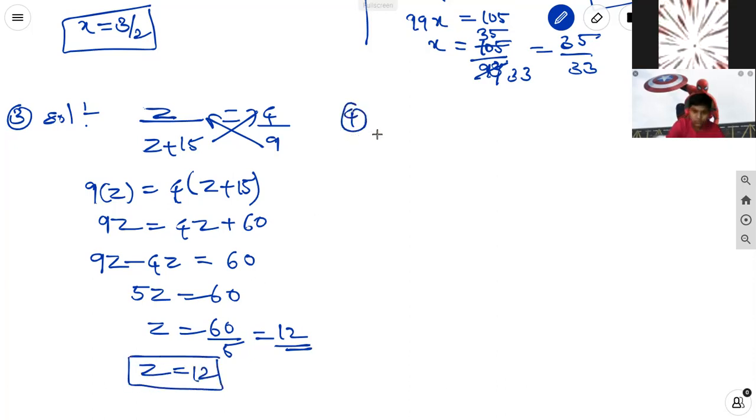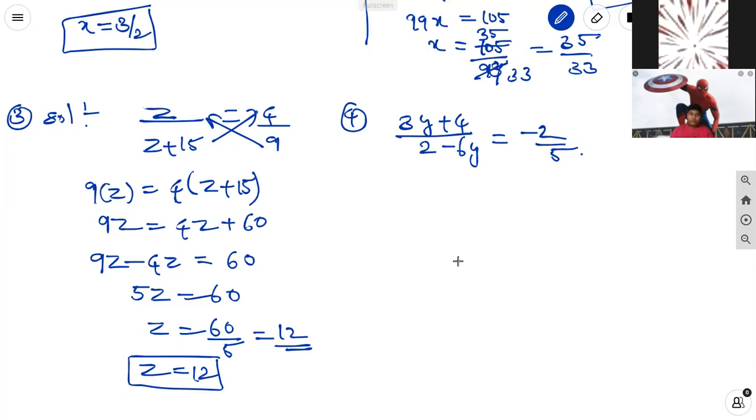Fourth one: (3y + 4)/(2 - 6y) = -2/5. The same thing, by the cross multiplication only. 5 into (3y + 4) equals -2 into (2 - 6y). 5 threes are 15y plus 5 fours are 20 equals -2 twos are -4, minus into minus is plus 6 twos are 12y.